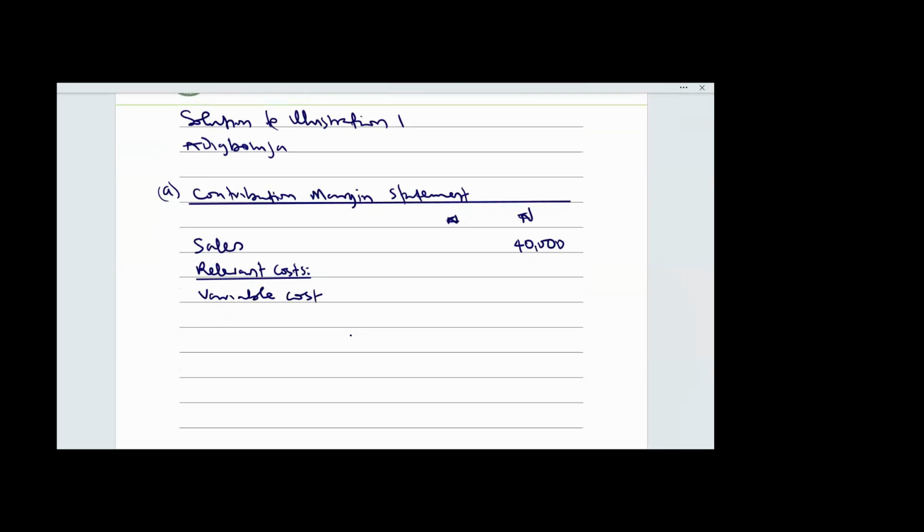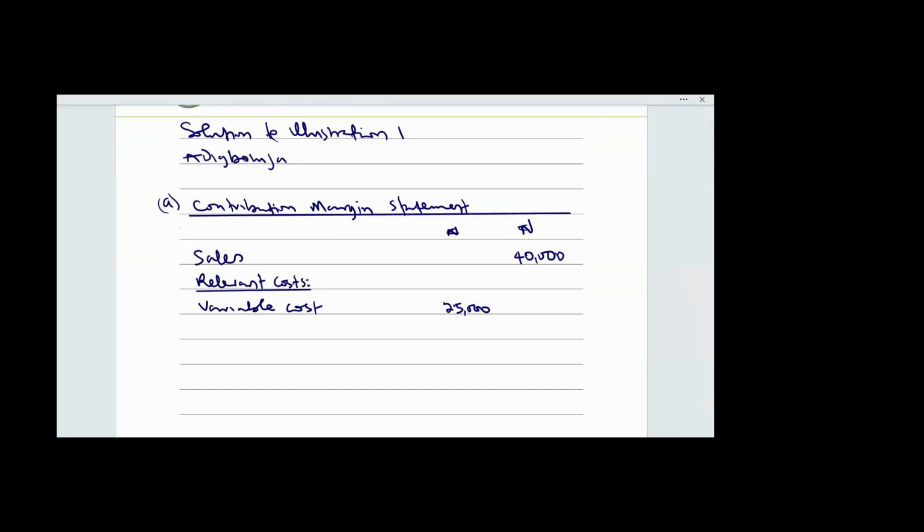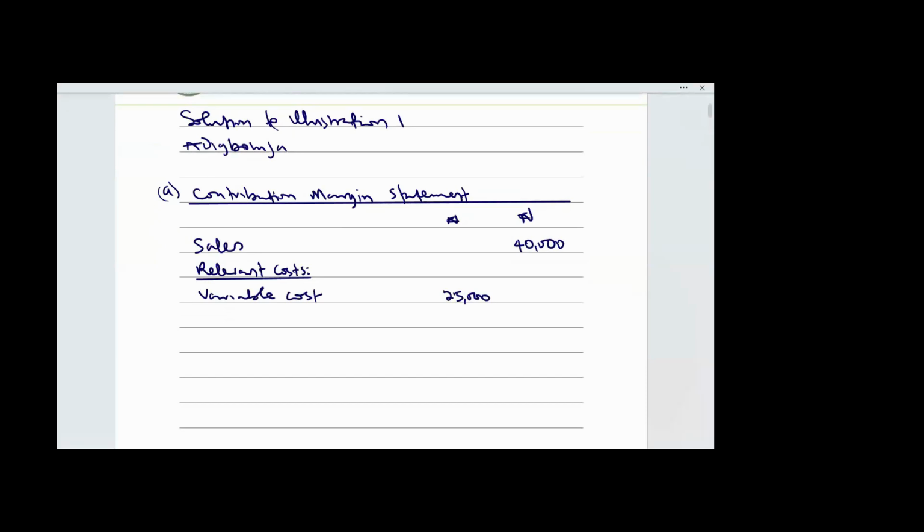How much is the variable cost for vanilla? 25,000 naira. Then the examiner also told you that there is a direct fixed cost out of the 18,000 naira. 5,000 out of that is a direct fixed cost that will be saved.